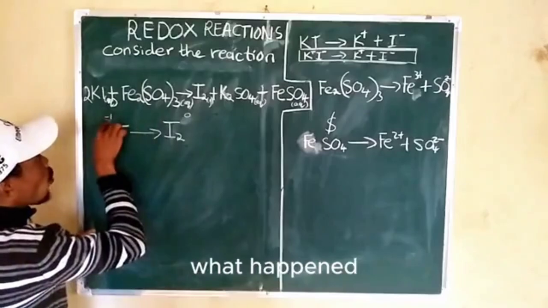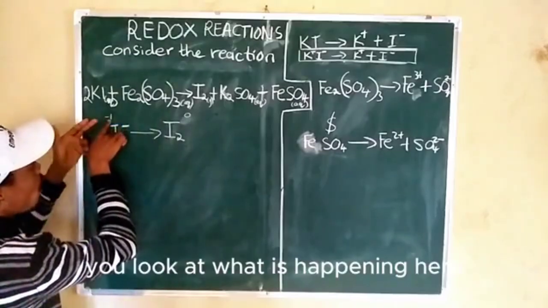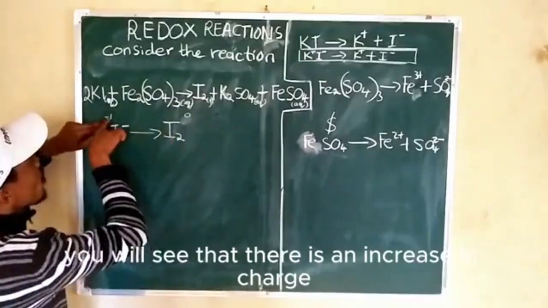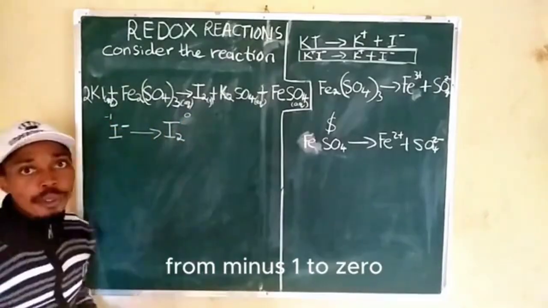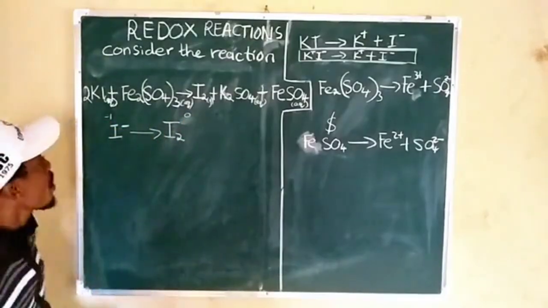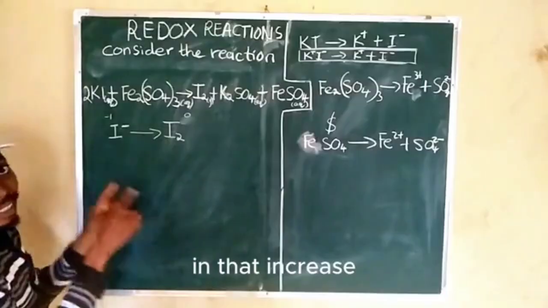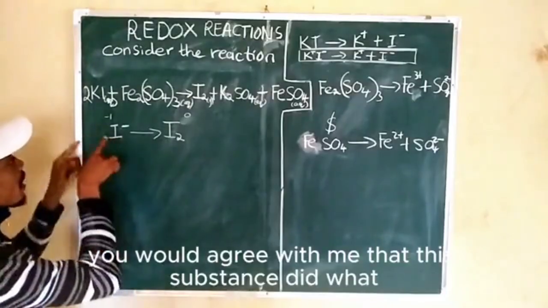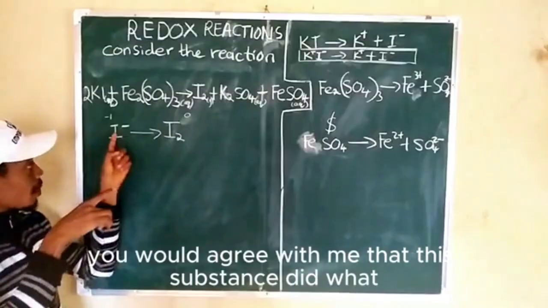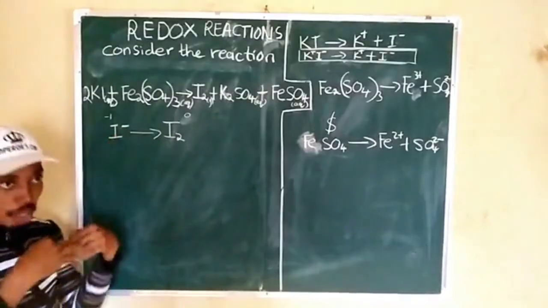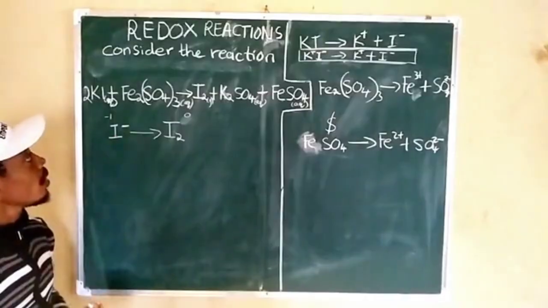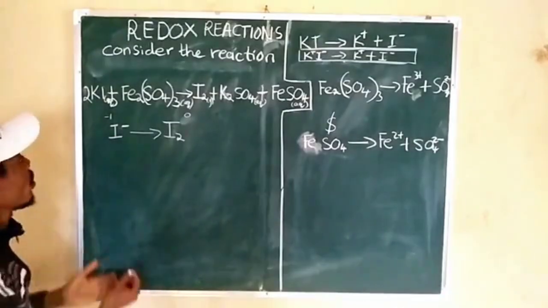And this is 0. What happened? If you look at what is happening here, you will see that there is an increase in charge from minus 1 to 0. In that increase, you would agree with me that this substance lost electrons.